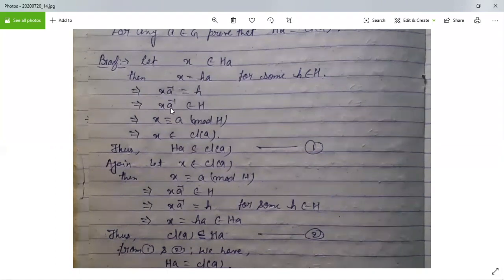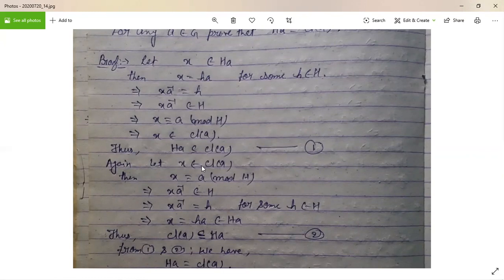This implies that X A inverse belongs to capital H, and we can finally say X is congruent to A modulo H. This implies that X belongs to class of A. Thus, if we take any element from HA, it is in class of A. Therefore HA is a subset of class of A. We take this as equation 1.